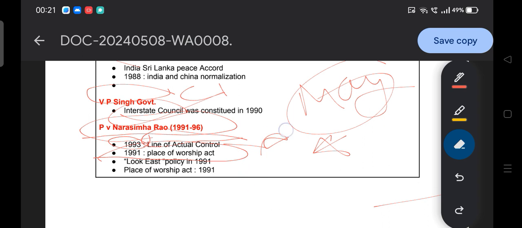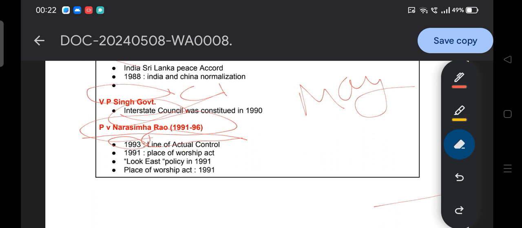Let me provide the historical background of this 1991 Places of Worship Act. So why is this important? Why does the examiner ask? Because in 2024 the Ram Mandir temple was inaugurated in Uttar Pradesh, according to the Supreme Court judgment.